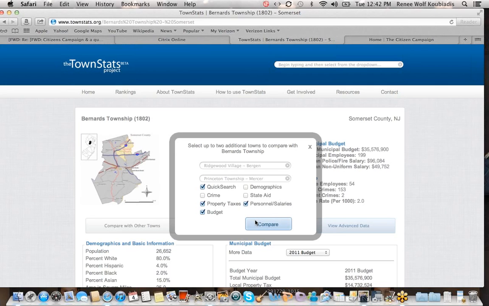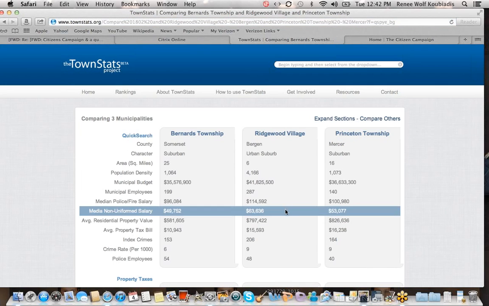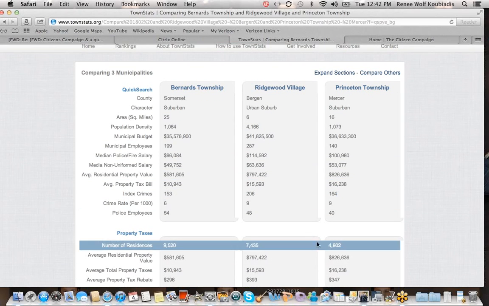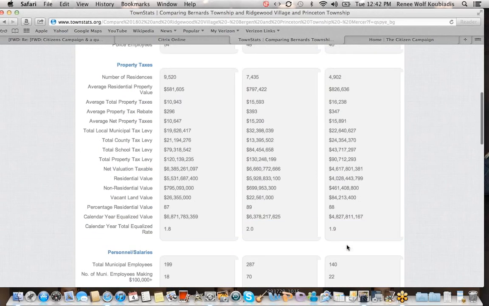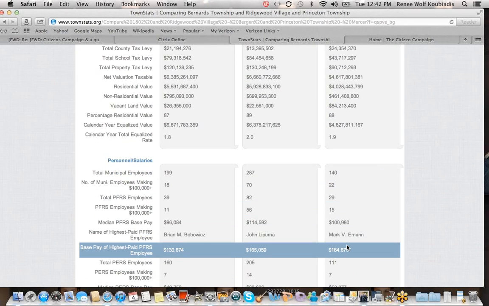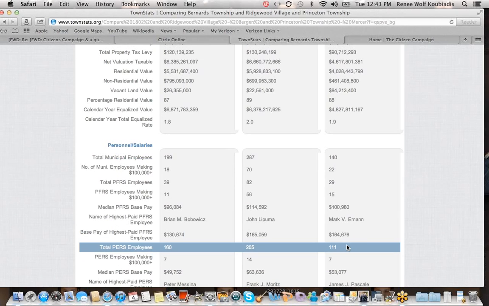I will leave the others out. You can have a look at how these towns' municipal spending compares, considering the number of residences in a town and the population, and you can look at personnel and salaries. These are towns of relatively comparable size.